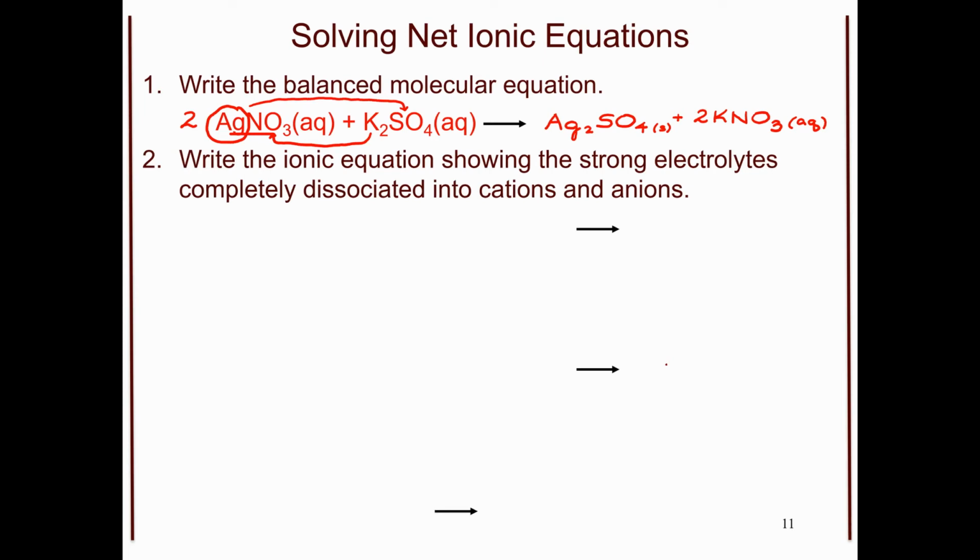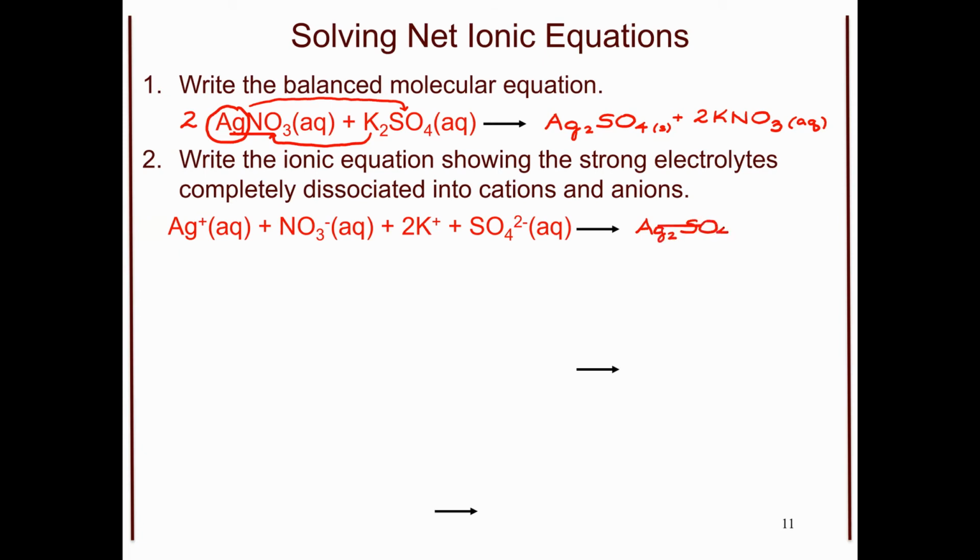What I need to do is follow the solubility rules and break up every species that I am allowed to. As you can see here, I have broken down my silver nitrate into silver 1 plus, nitrate 1 minus, and you can also see I've done the same thing for my potassium sulfate. But I must leave my silver sulfate combined.